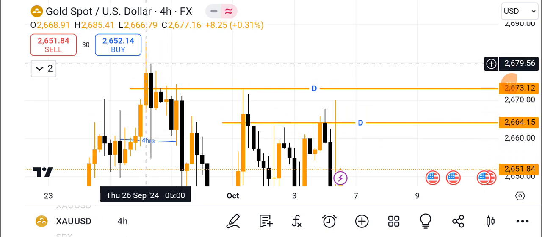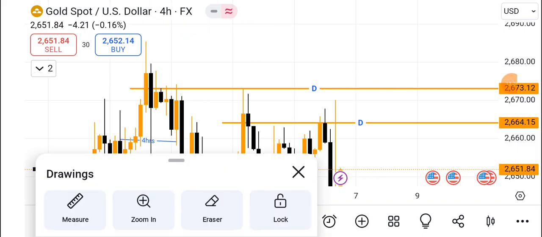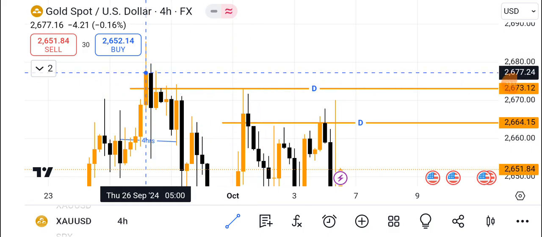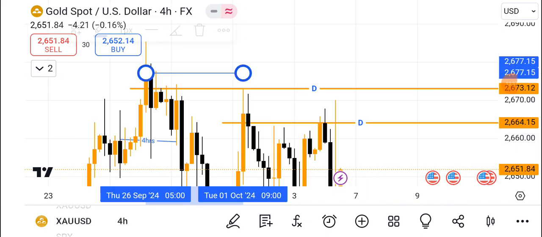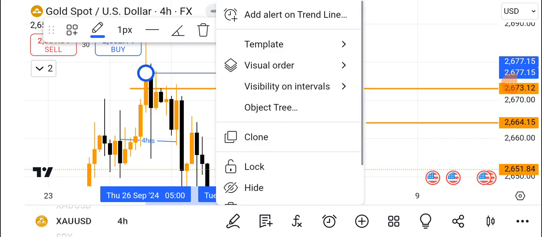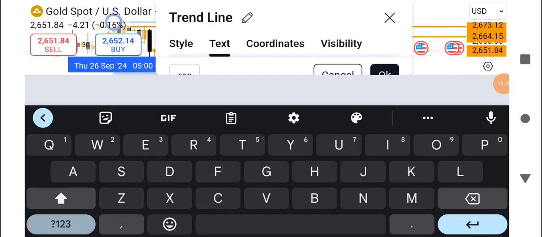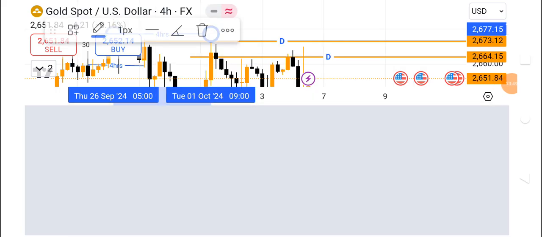So at this high now, this is a point of interest as I told you guys. Here is the point of interest at this spot now. This is a 4 hour point of interest. 4 HRS.